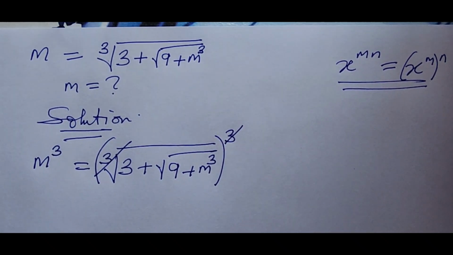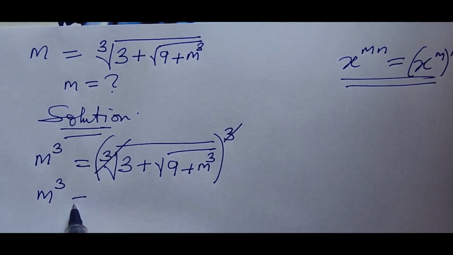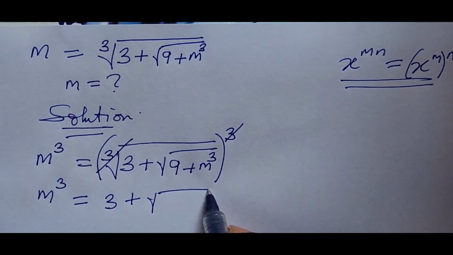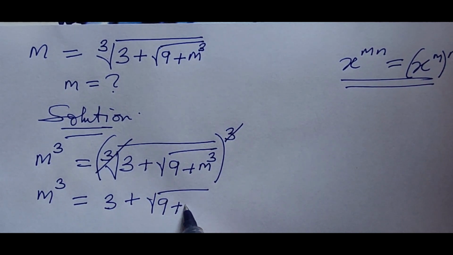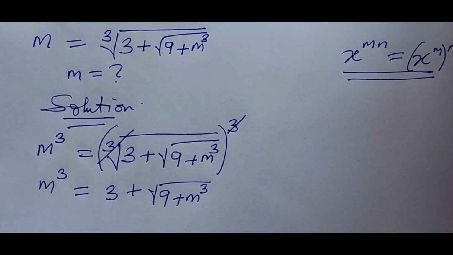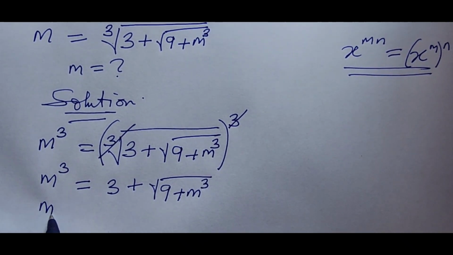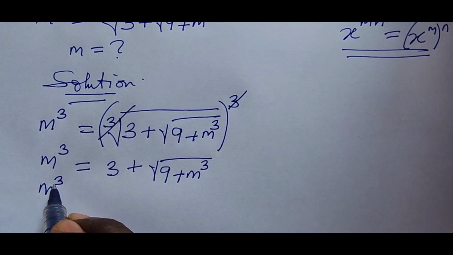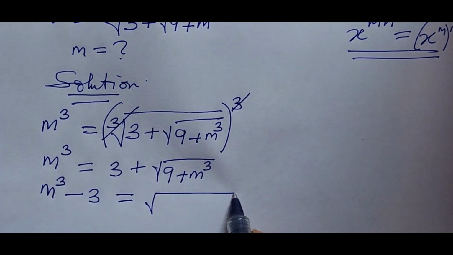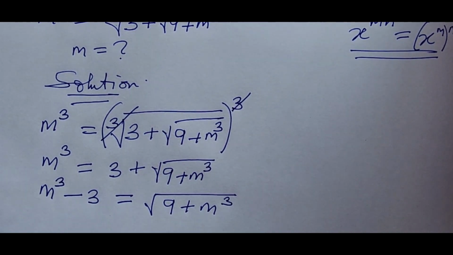So if we cancel out, we are now left with m to the power of 3 equal to 3 plus the square root of 9 plus m to the power of 3. We move this 3 to the left-hand side, which gives us m to the power of 3 minus 3 equal to the square root of 9 plus m to the power of 3.